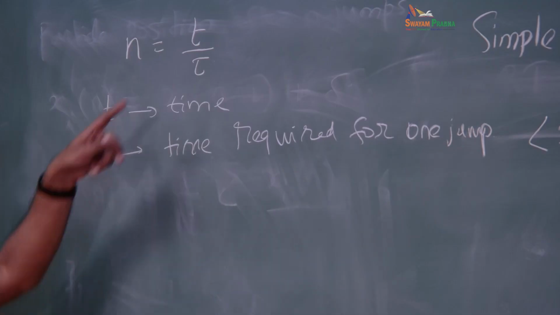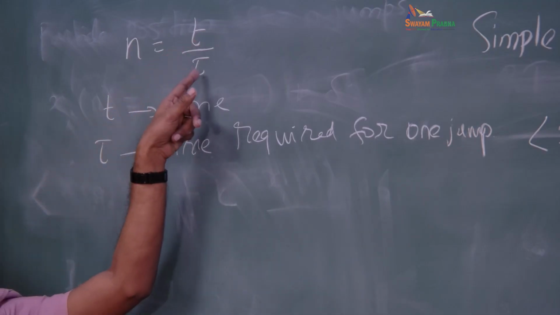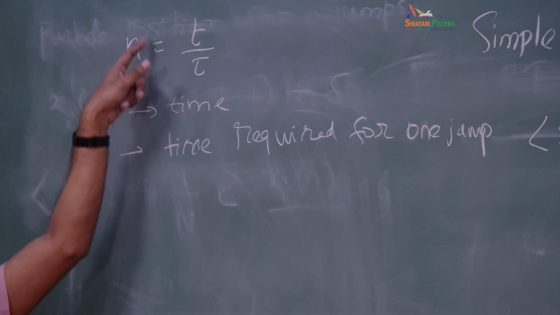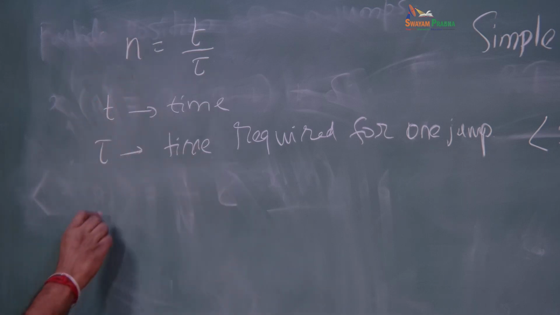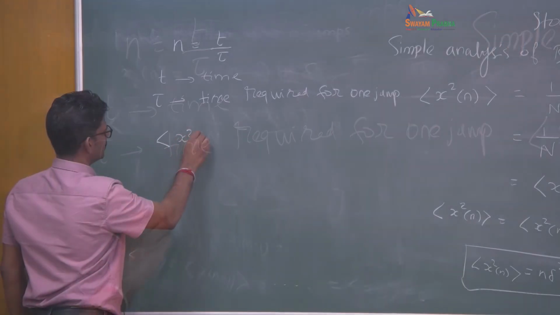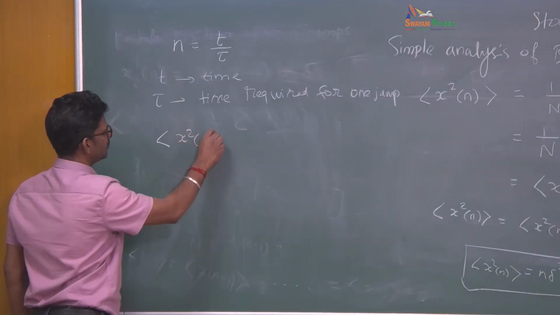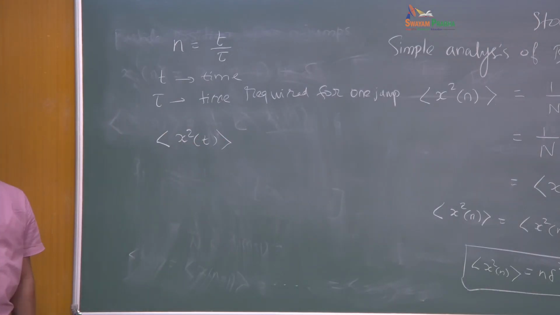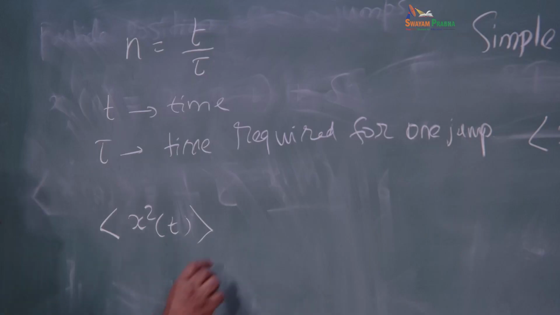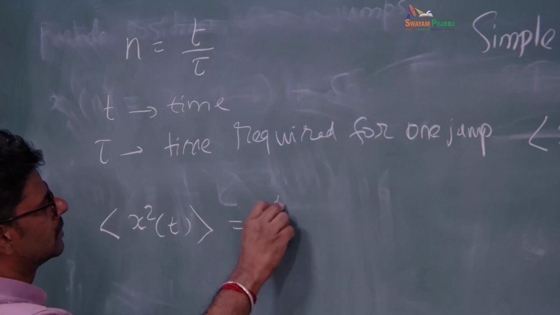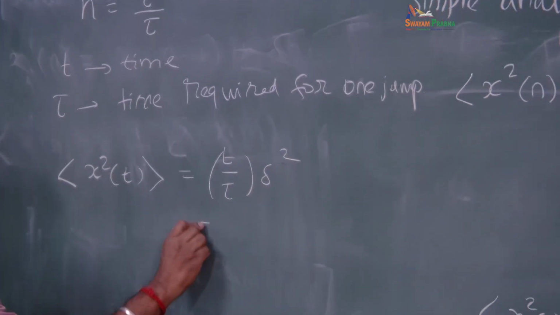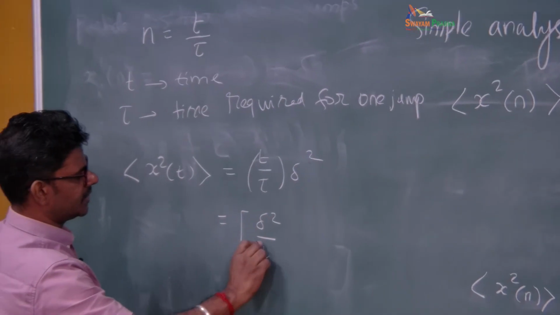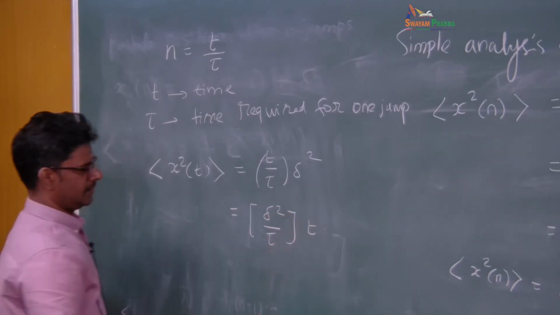So the total time divided by the time taken for one jump gives you the total number of jumps. We can replace that here. Now n is replaced in terms of time. The mean square displacement as a function of time is delta square by tau times t.